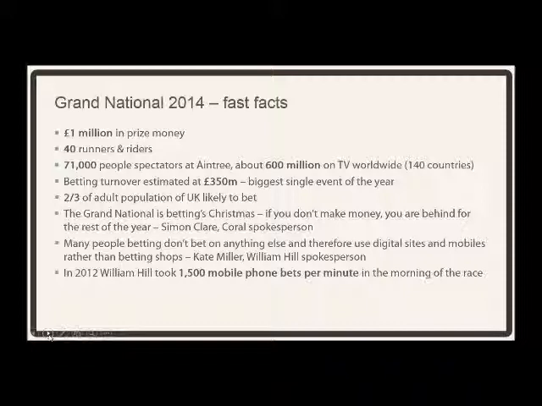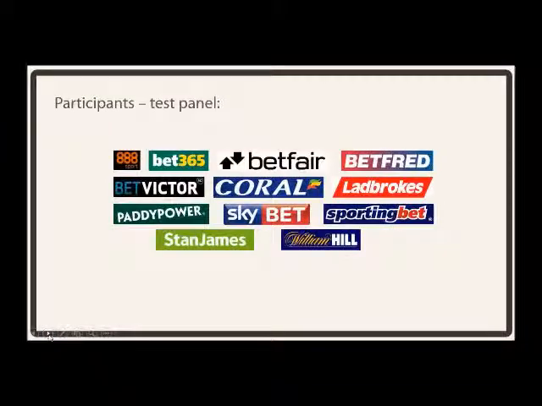In the UK alone, 71,000 spectators at entry, £350 million of expected turnover this year, which is bigger than any other day of the year. 2/3 of the adult population likely to bet. I'm sure you've seen all this kind of thing before. I think that's interesting at the bottom though. I read William Hill a few years ago took 1,500 mobile phone bets per minute on the morning of the race. So we'll talk a lot about the mobile and tablet performance as well.